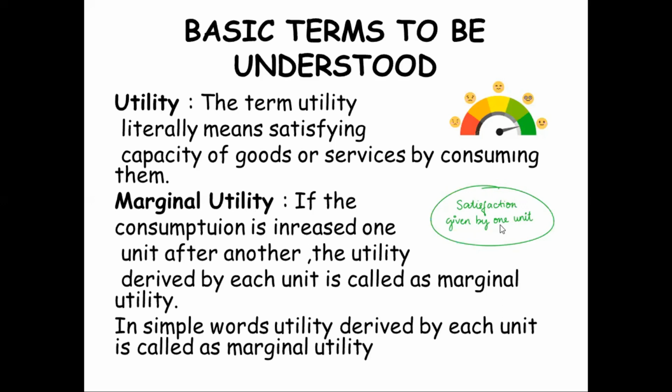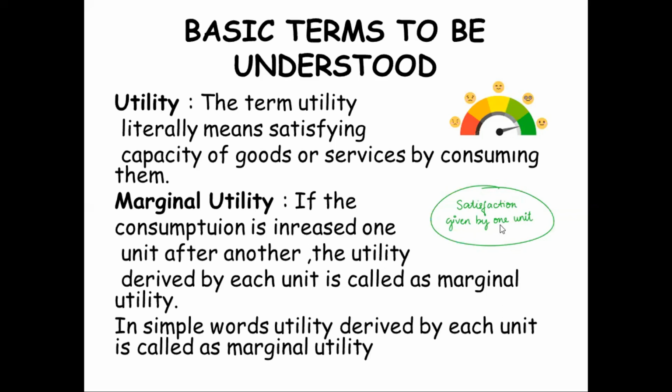I take the first apple, I get a utility of 20 units, and I take the second apple and I get a utility of 15. So the marginal utility for the first apple is 20, and for the second it is 15.